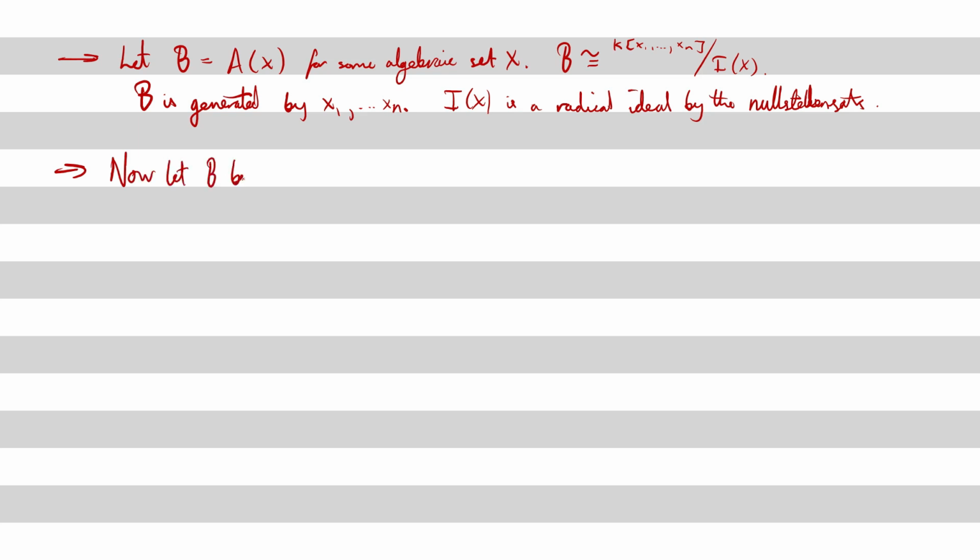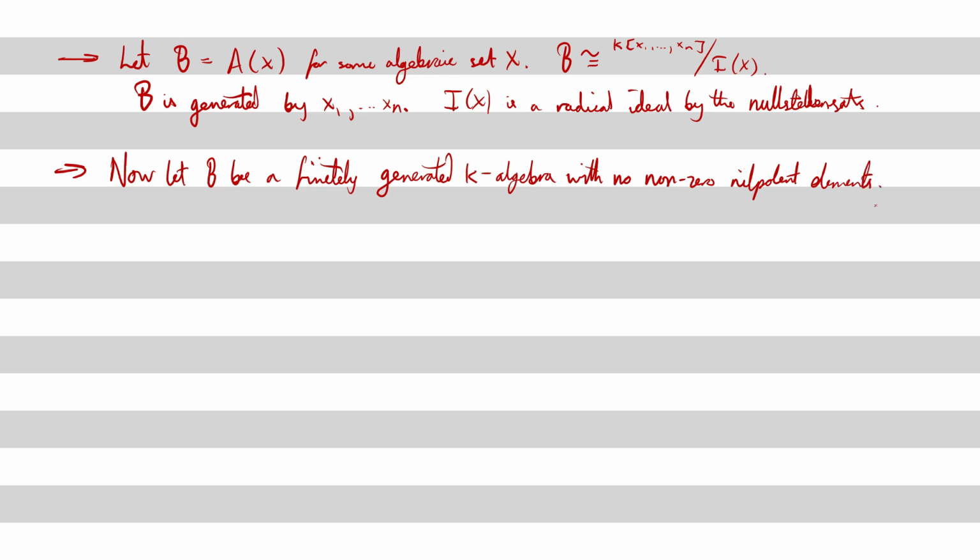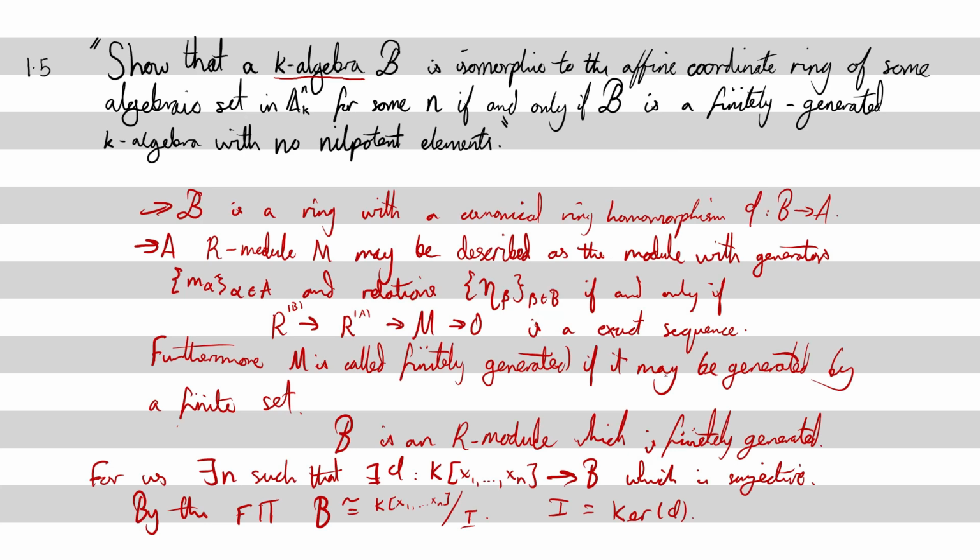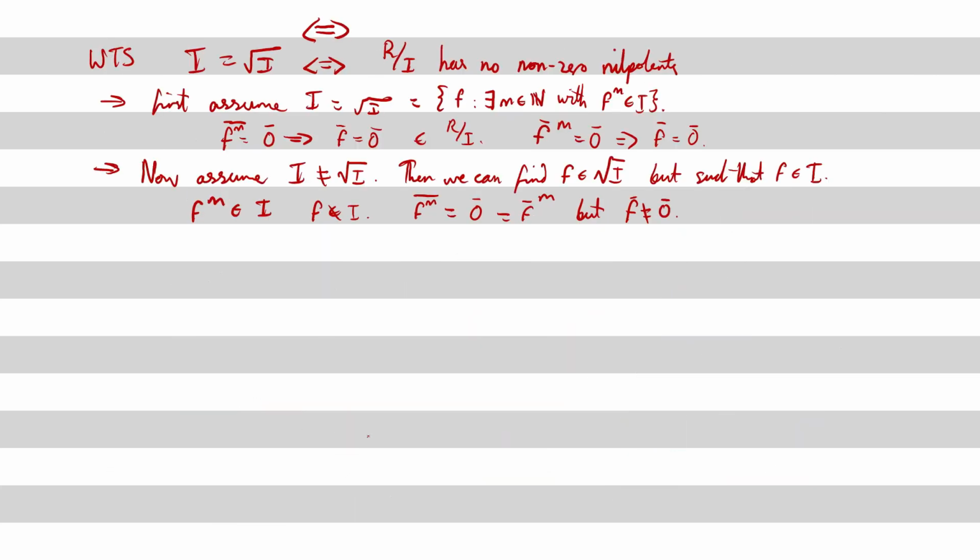Now let B be a finitely generated K-algebra with no non-zero nilpotent elements. We should be able to just choose our generators. So B is finitely generated if it may be generated by a finite set.